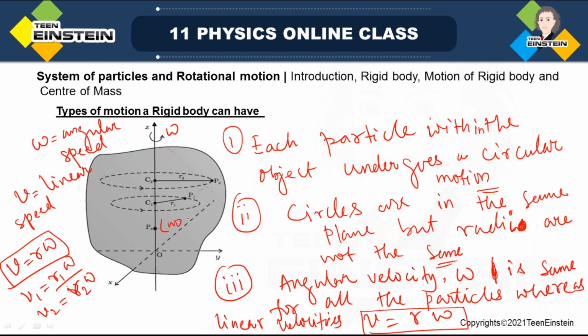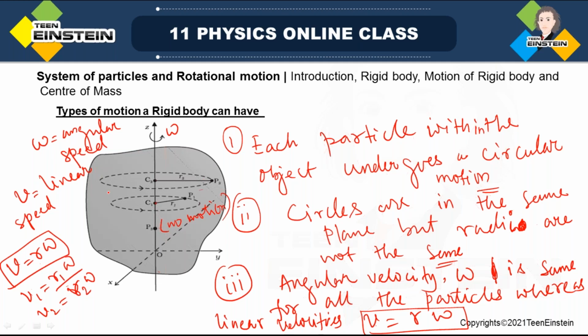See, P3 has no motion. And the centers of the circles, like C1, C2, these particles actually don't move. So the particles on the axis don't have any motion.